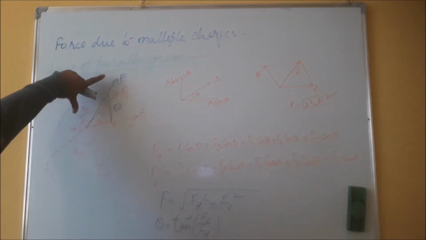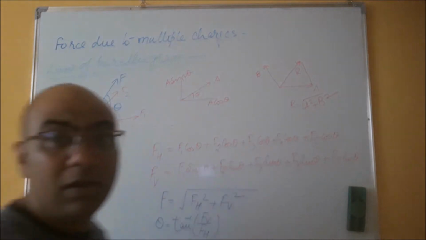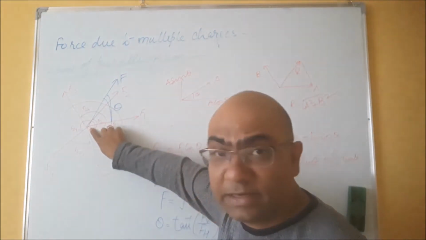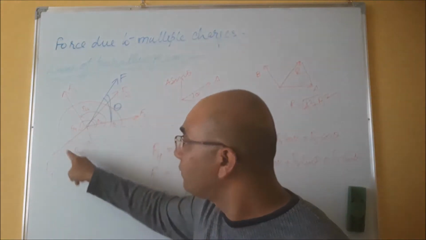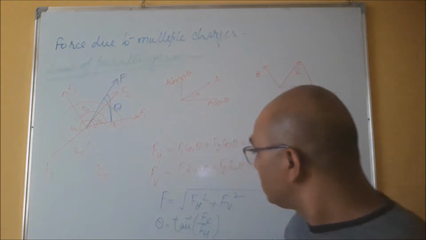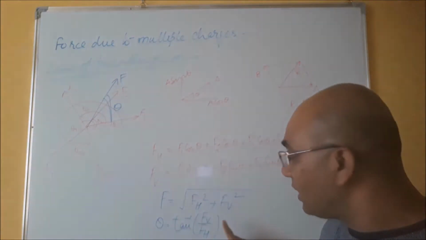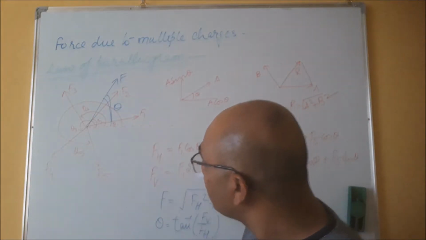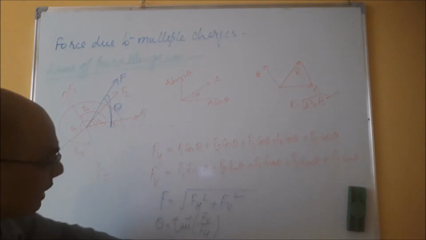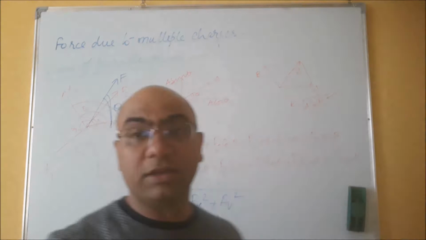What is this F? This is the overall resultant force on this point due to all these forces. So the total force is given by this magnitude, and the direction theta from this reference is tan inverse FV over FH.